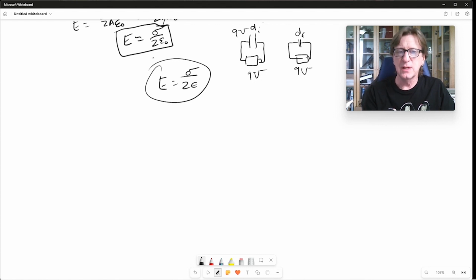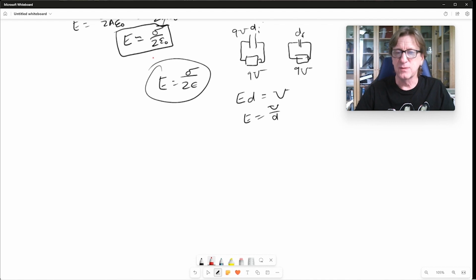So when you look that up, you should see that for a parallel plate capacitor, we talked about this relationship, where E was the electric field, D was the separation between the plates, and V was the voltage. Well, we said the voltage is staying still, so we want to know what's going to happen to the electric field. So I'm going to solve this for E, and E is just V over D, as we've done before.